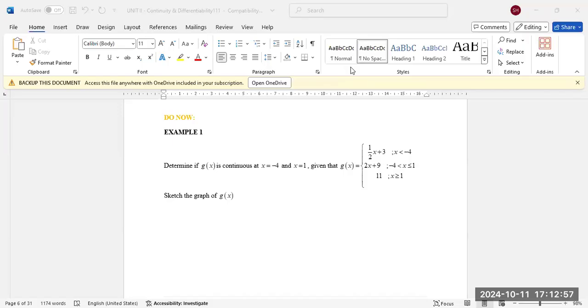Considering we have -4 and 1, and we find the suitable condition for it, do we have to work out both values when we substitute them into the equation? It's two different conditions. I want to find out if it is continuous at x equals -4, and I'm also trying to find out if it is continuous at x equals +1. Okay, thank you, sir. No problem.